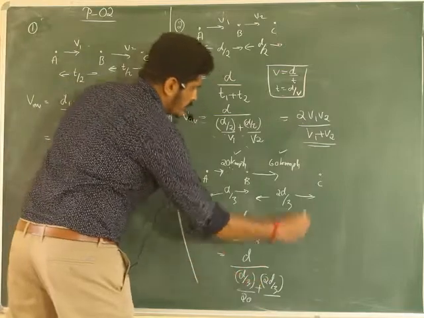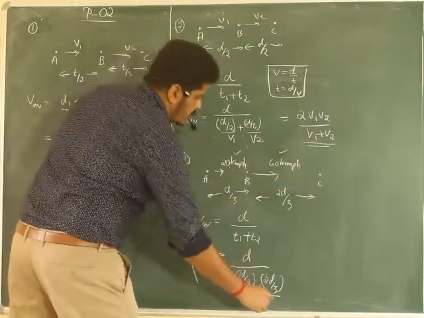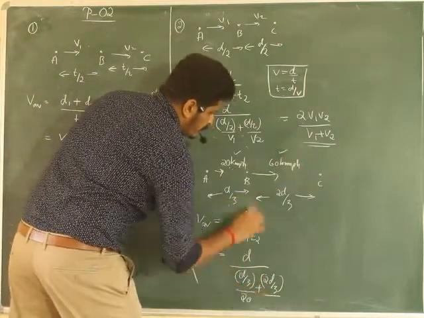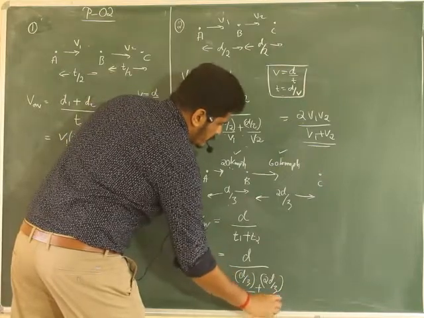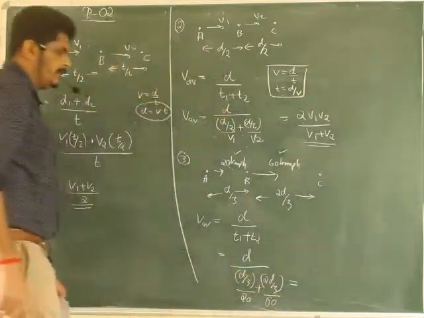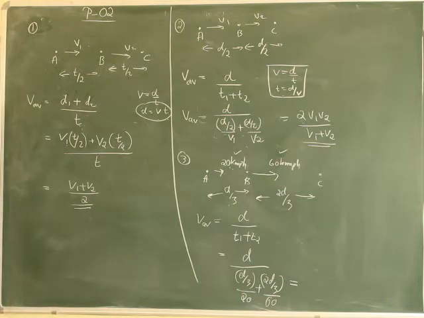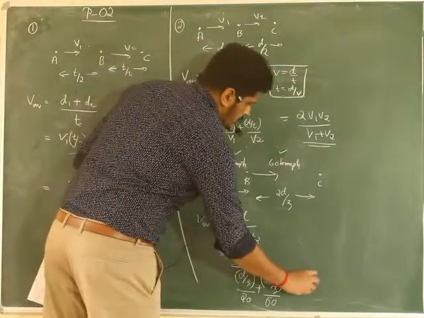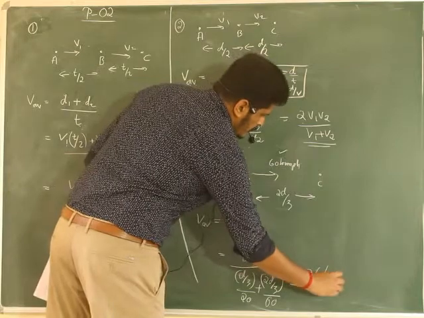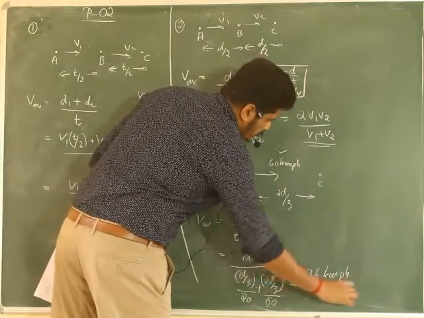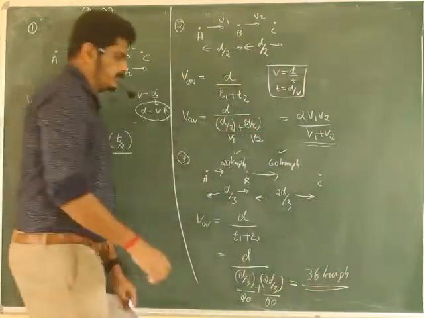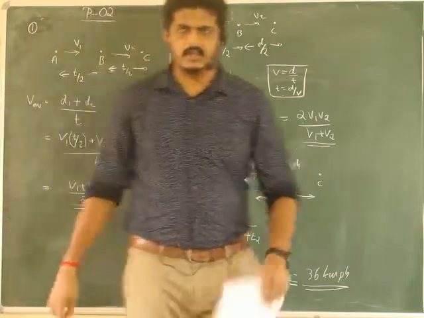With what speed is it going from B to C? From B to C it's going with a speed of 60. Now by taking the proper LCM and cancelling the term D, finally you will get the value 36 kilometer per hour. So 36 kilometer per hour is the answer.